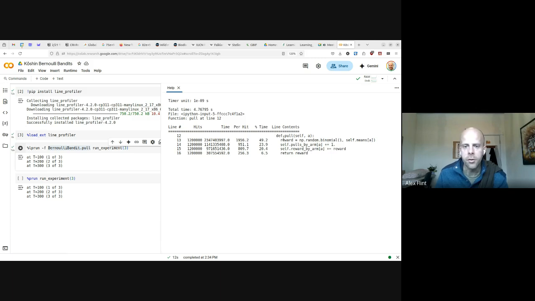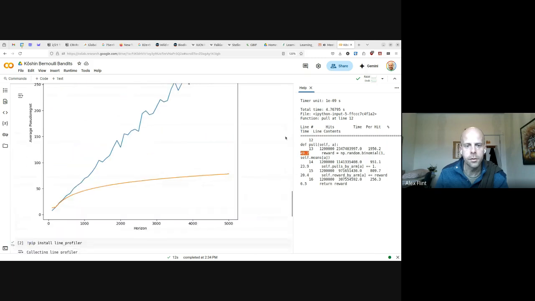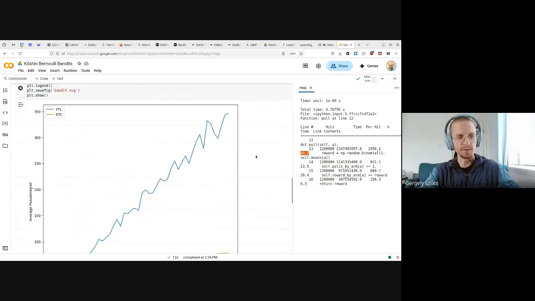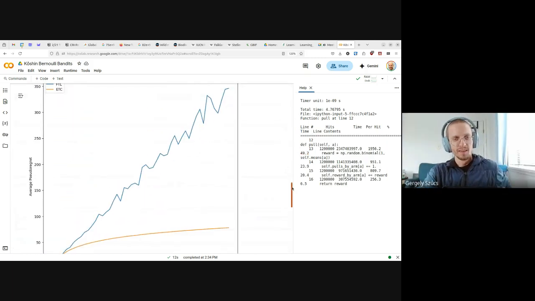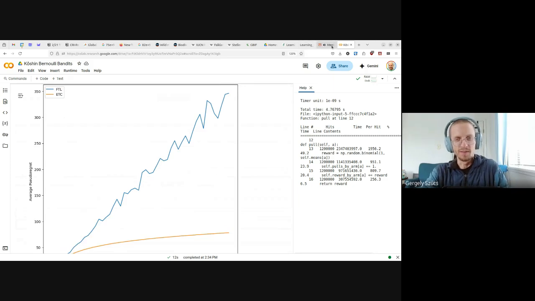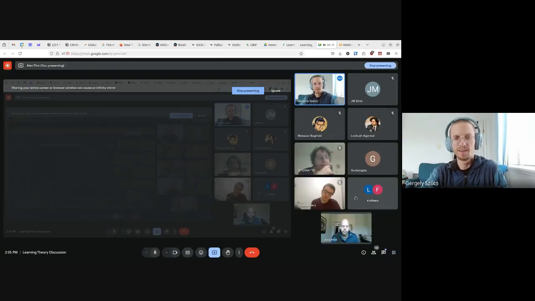But this is the function itself, and you can see it's the binomial function that's taking about 50% of the time. So that's it. Thank you. Any questions about this exercise?